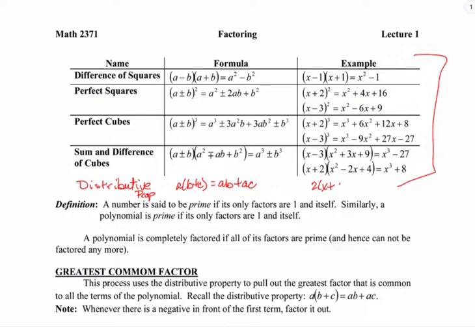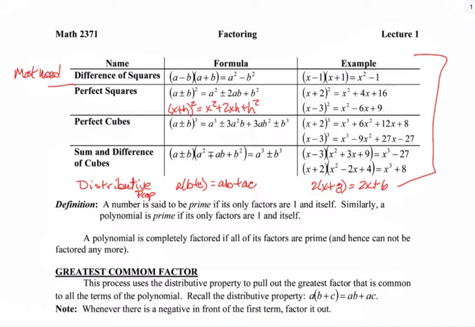So other than the distributive property, the most common one is the difference of squares. Now, other than those two, you will be using a lot to come (x plus h) squared, and that is x squared plus 2xh plus h squared.